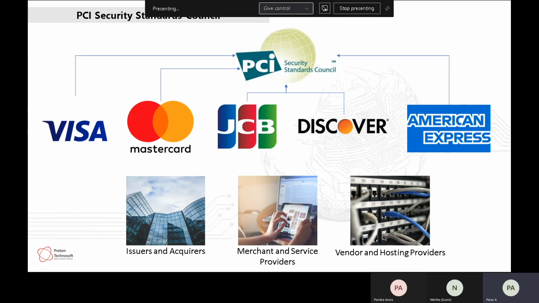So ICICI Bank is an issuer, I am the card holder, and Triveni Jewels is a merchant. Now, this merchant will have a bank account with, let's say, HDFC Bank. So HDFC for Triveni Jewels is an account holder, but for the PCI or for the payment flow, HDFC Bank becomes an acquirer of that transaction.